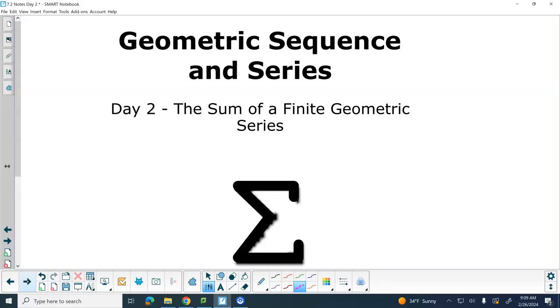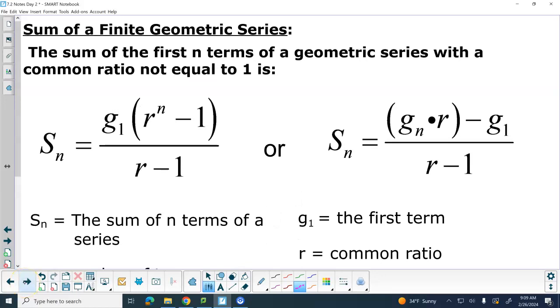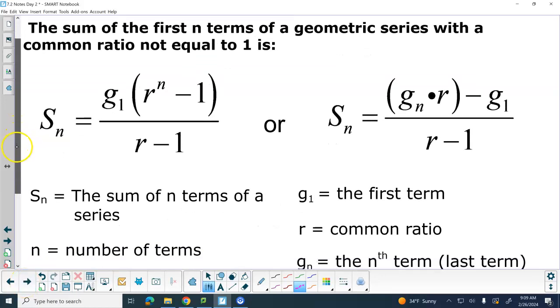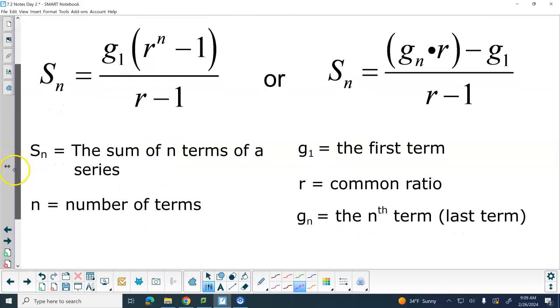For geometric, things are goofier with the powers, because we're taking something to a power, so we can't just have one nice, easy formula. We actually end up having 2 formulas for it. Each of these formulas will get you the exact same thing.